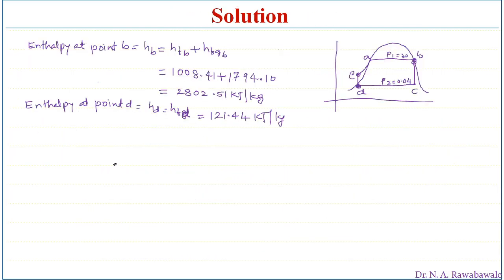So here pump work is equal to specific volume of condensate into (P1 minus P2) into 10 to the power of 5 divided by 1000. So this will be in kilojoules per kg.